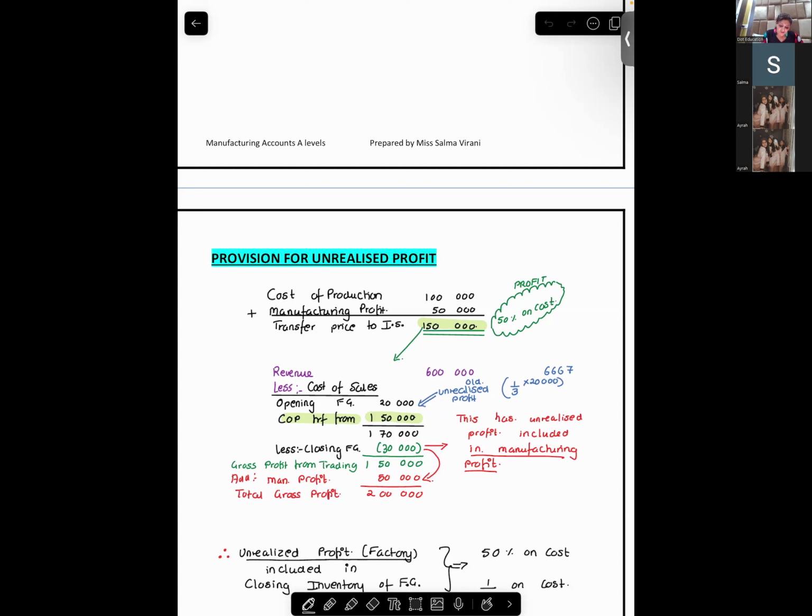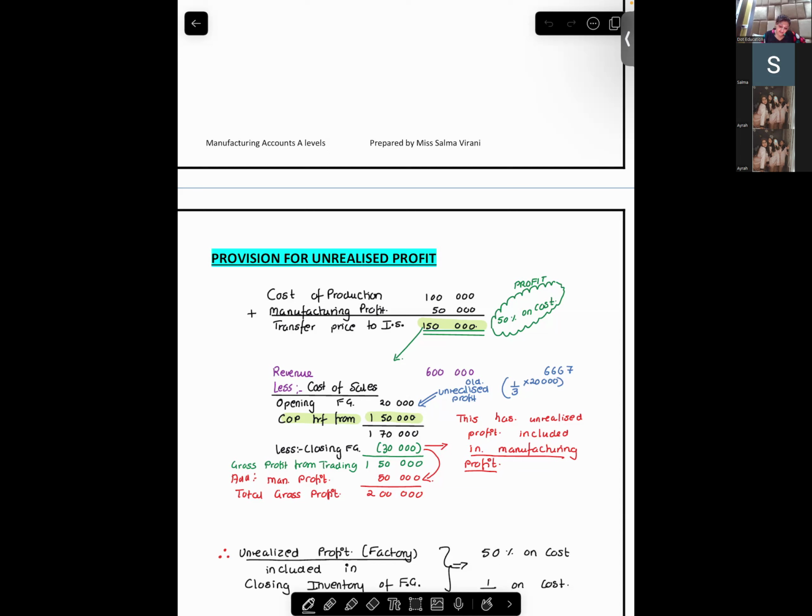So transfer price to the income statement would be 150,000. Whatever goods you are transferring to the income statement, it is at transfer price. And if I say it is at transfer price, that means it includes factory manufacturing profit.